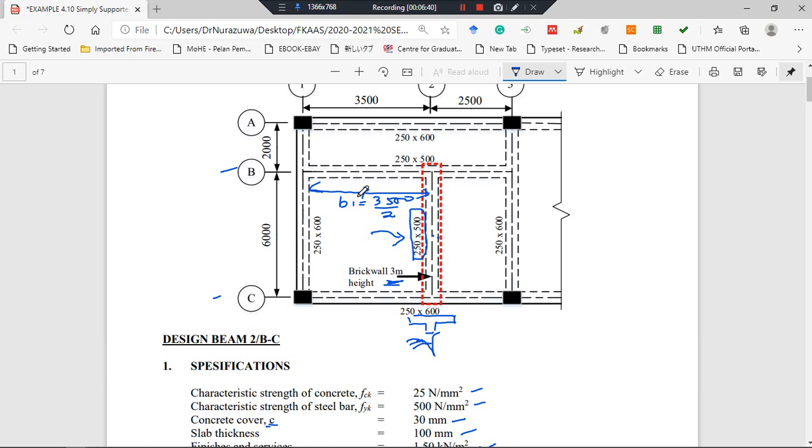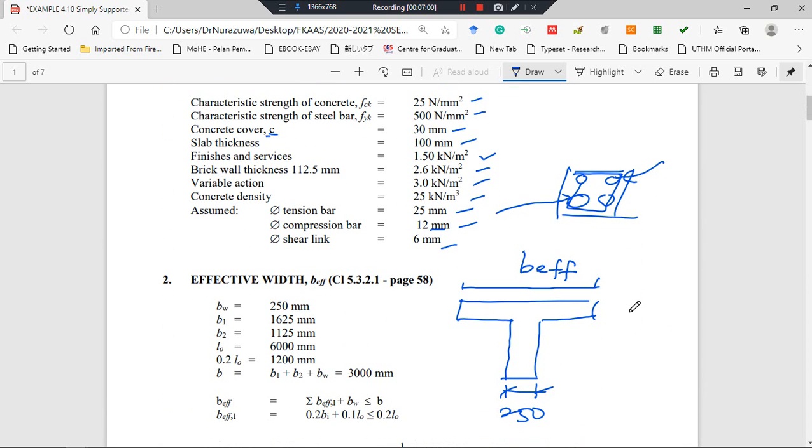Meanwhile for B2 here, B2 is equal to 2500 divided by 2. So B1 is 1625 and B2 is 1125.